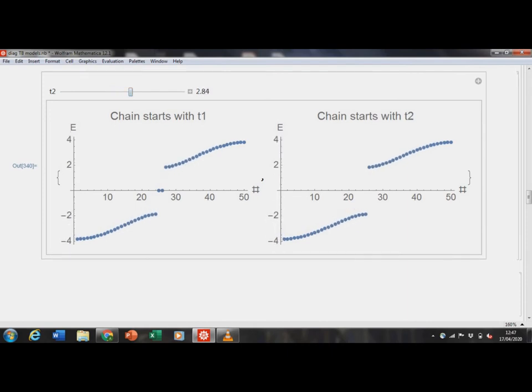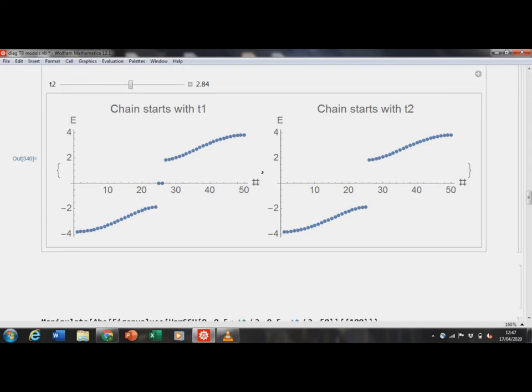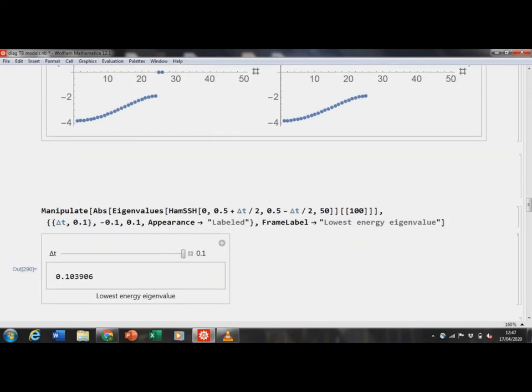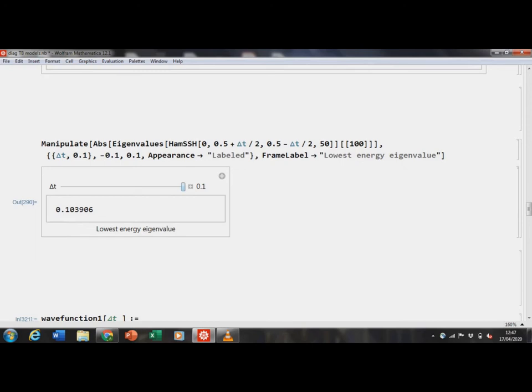But as I increase the T2 further, you see this situation swaps over. Now I have a gap reappearing, but the states sitting at 0 energy are now on the left-hand side. So there are actually 2 different phases. Let's have a look in more detail at the low-energy eigenstates of this system.